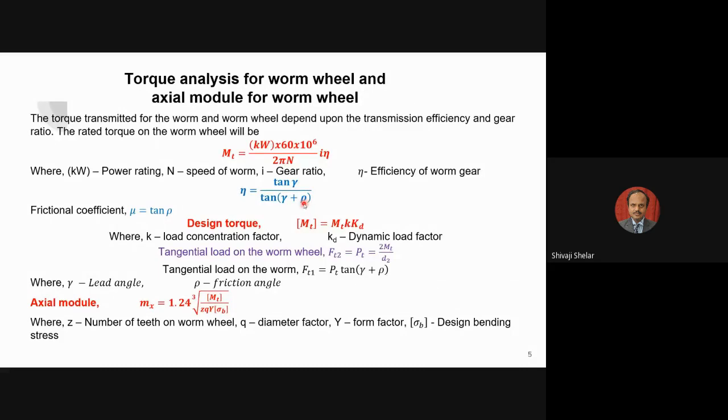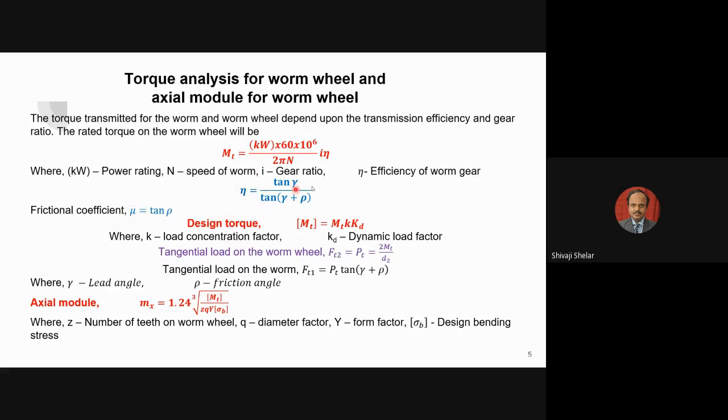If you know the mu value for that particular material type, you can calculate the friction angle. Based on this friction angle and the lead angle, the efficiency of the drive will be decided. If you don't know the data for mu, then you can take an approximate value for efficiency.